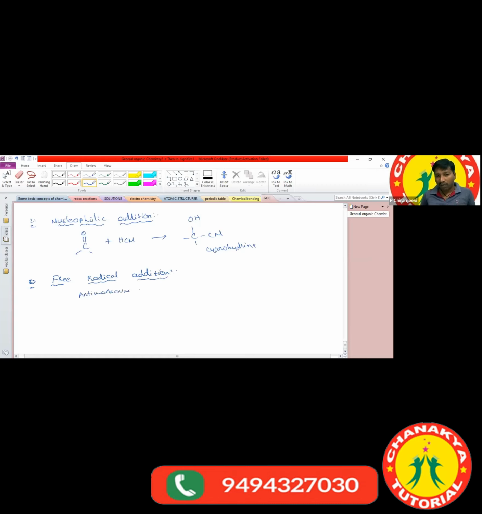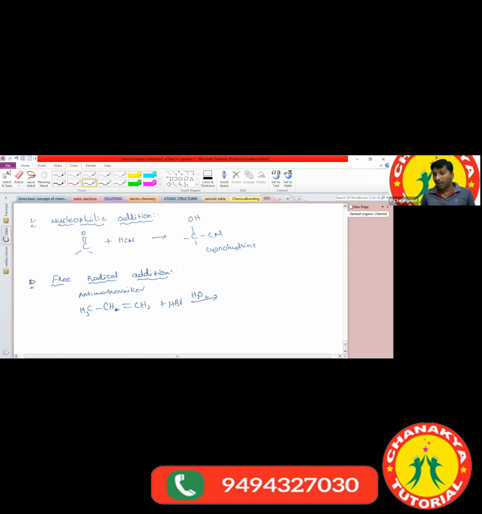Sir, what is the anti-Markovnikov rule? Here we take an unsymmetrical alkene. If propene is treated with HBr in presence of hydrogen peroxide, the reaction is carried out in presence of peroxide only. Then only it undergoes the free radical addition reaction.